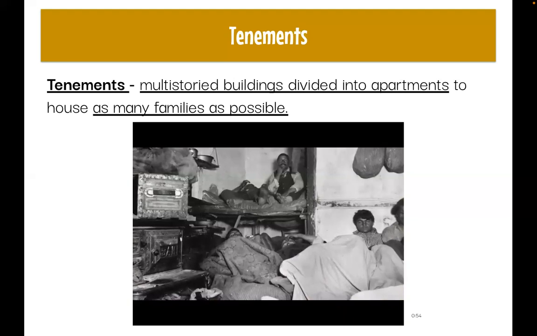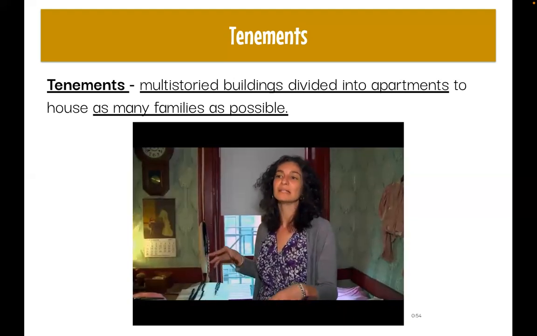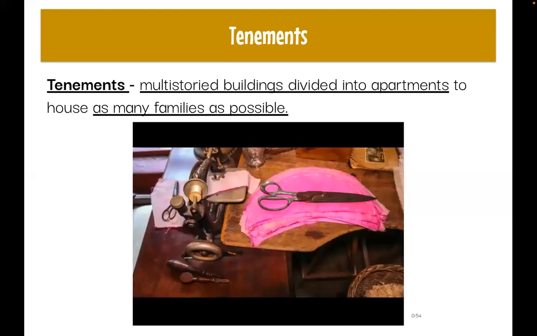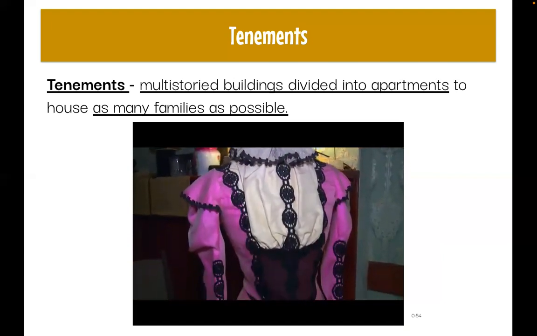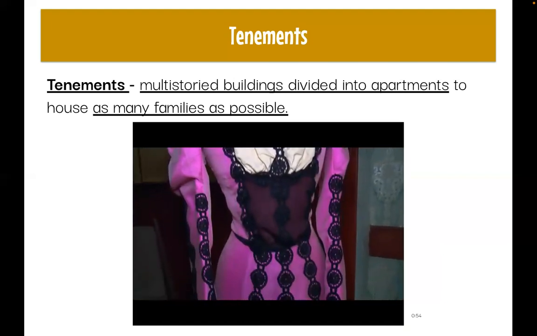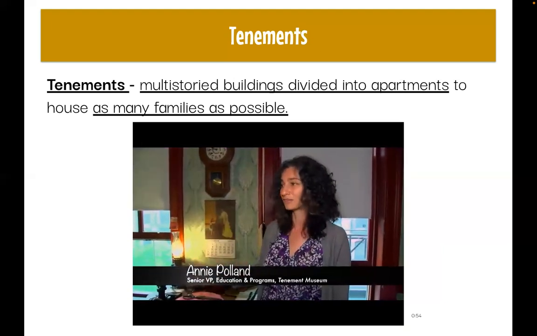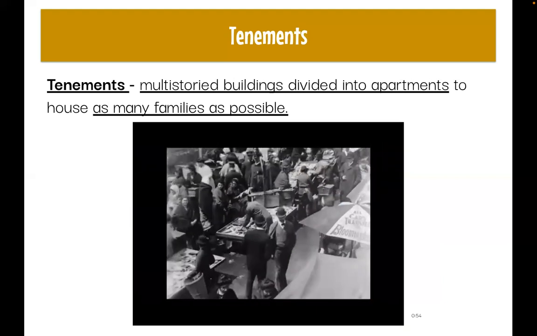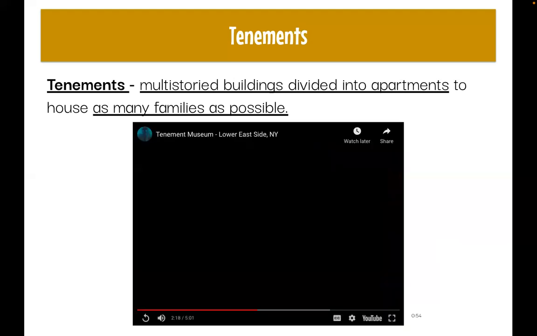In addition to the 5 children growing up here, Harris and Jenny would have hired at least 3 other workers to help them produce the dresses. And keep in mind, although that dress is made in a tenement apartment, it's going to go to Macy's or it's going to go to a catalog. Certainly not Jenny Levine. Jenny Levine will not wear that dress. She just makes the dress, or her family makes the dress. By the early 1900s, the Lower East Side was the most densely populated place in the world.